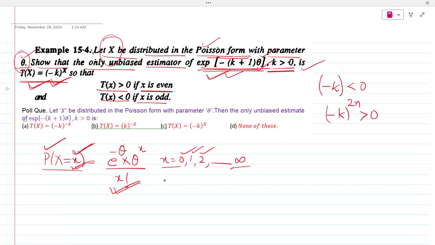And if you raise it to an odd power, minus k raised to power 2n plus 1, it will be negative. For example, minus 3 raised to power 4 is positive, but minus 3 raised to power 5 is negative.